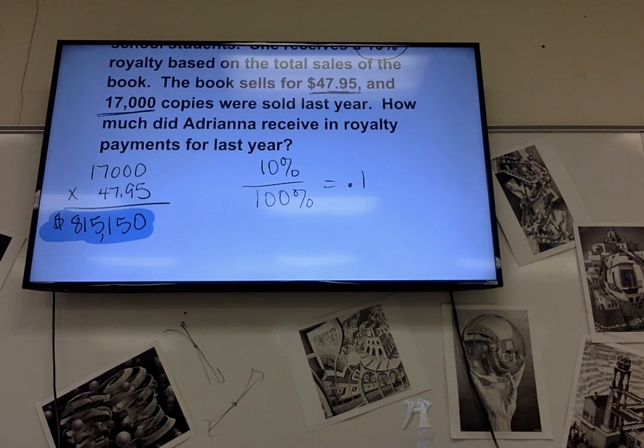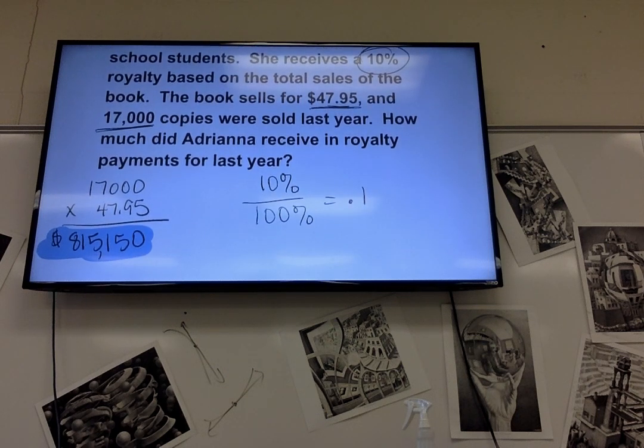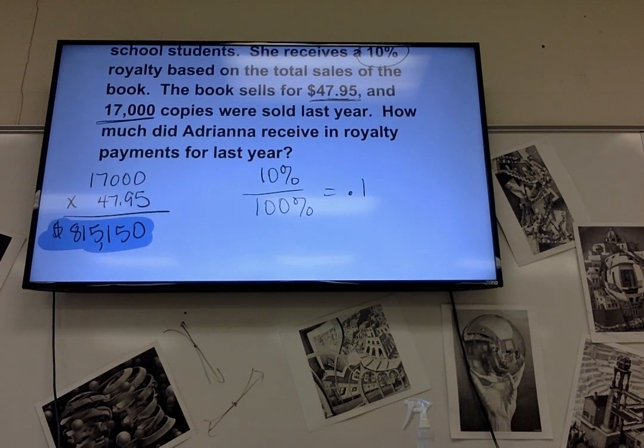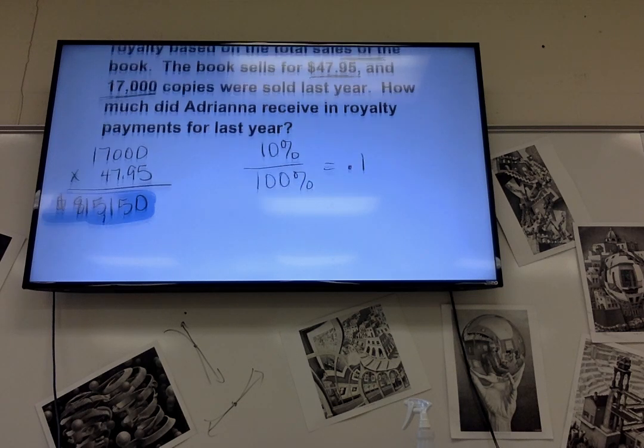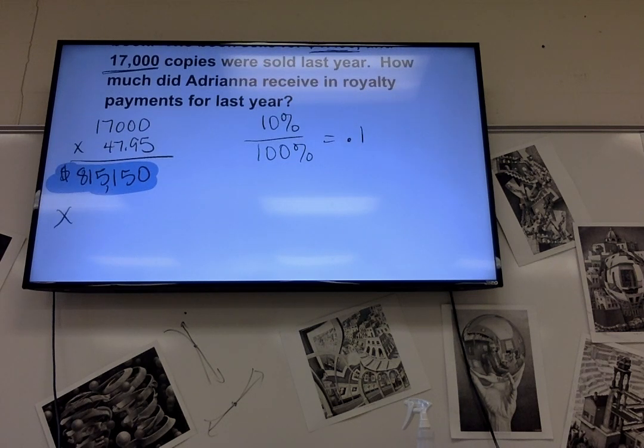So, if you're receiving 10% of the sales on the book, that means we should multiply this amount by 0.1 or 10%. And that's the number that you were ending up with.